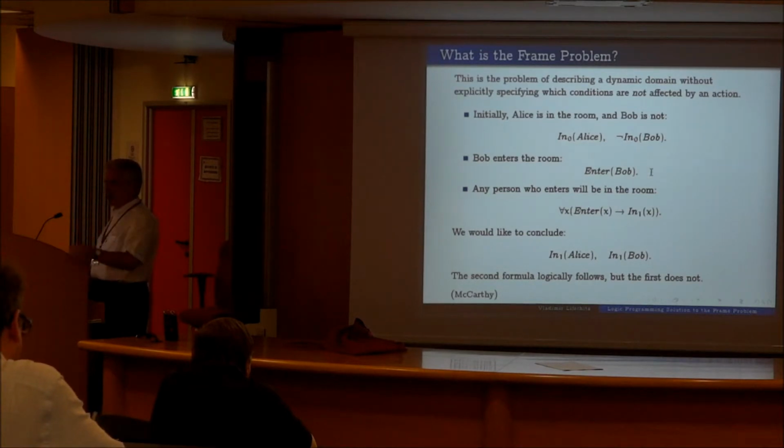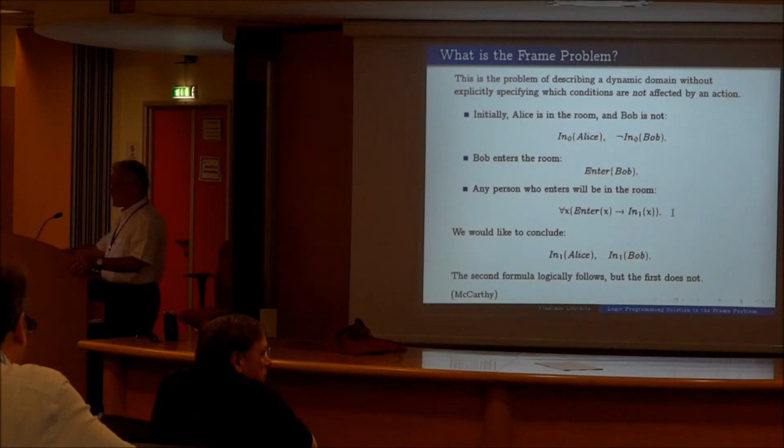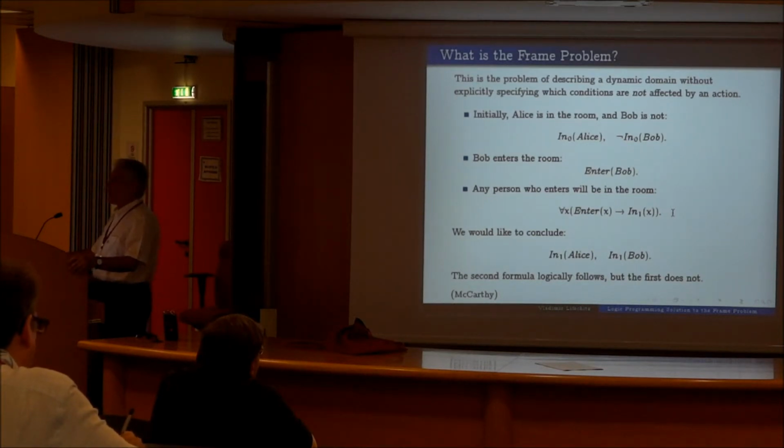And then we also have a general law expressing the effect of this action of entering the room. Any person who enters will be in the room after that. And you see here the implication which describes this law. X is a variable for people. And you can notice that in here has the subscript 1, because here we're talking about time 1, the time after the execution of the action.